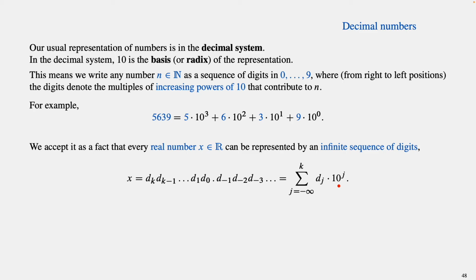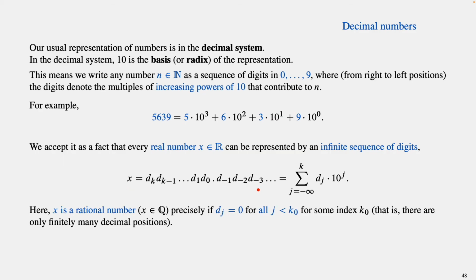And to justify this representation, we would have to see a construction of the real numbers, but that is not a topic for this course. So, as I said, we just accept that we can write real numbers in this way. And the number x is a rational number precisely if from some index k0 on all the digits for the lower indices are 0.